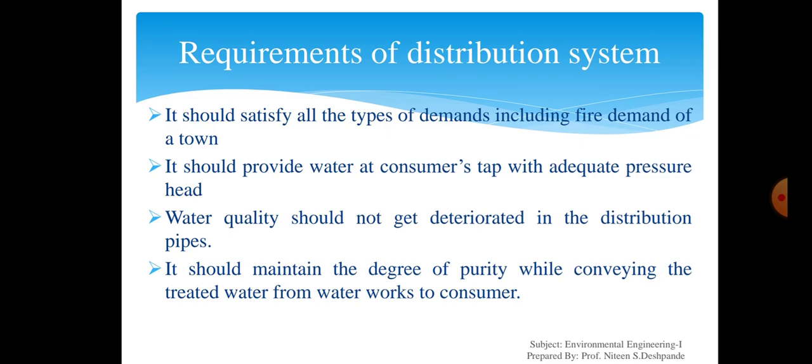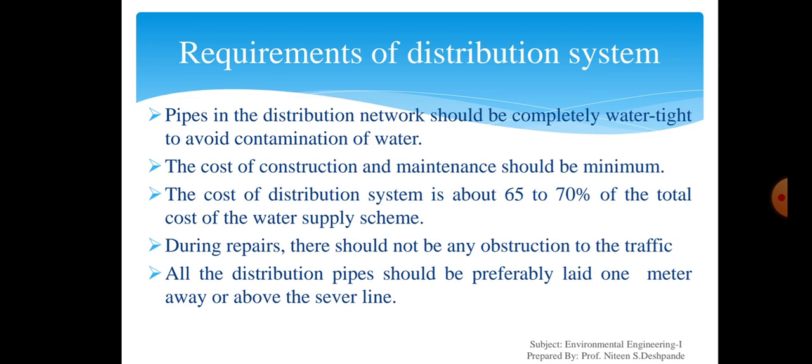So our basic aim is to provide pure water to the consumers without compromising the quality and the quantity of the treated water. This is the basic aim behind every water supply scheme. Now again there are some other requirements. The pipes in the distribution network should be completely watertight to avoid contamination of the water.